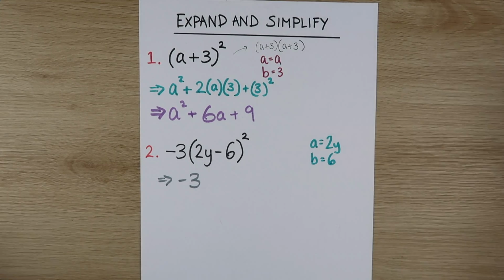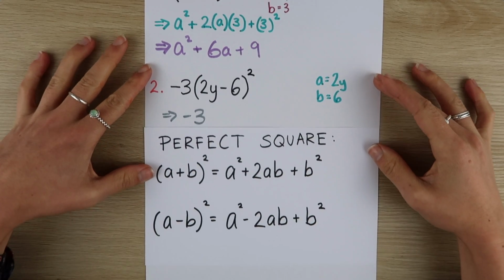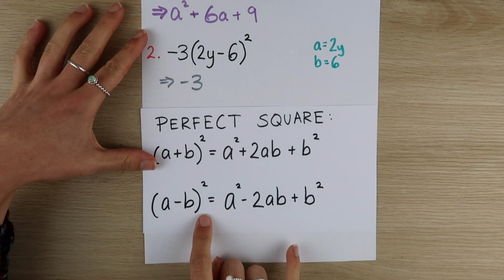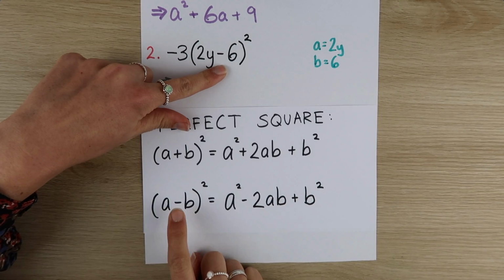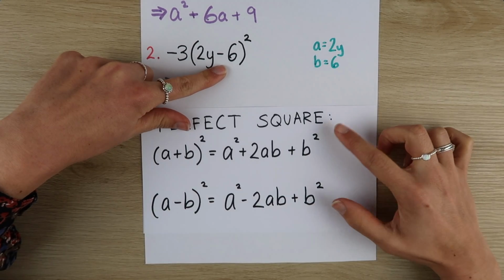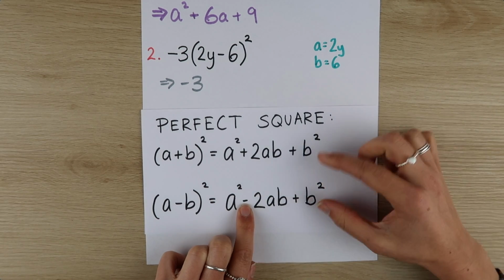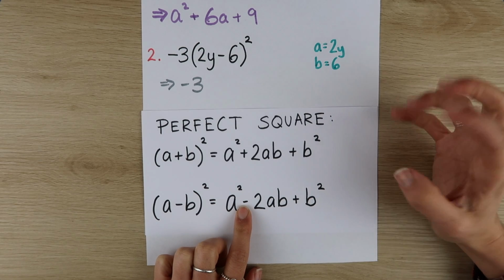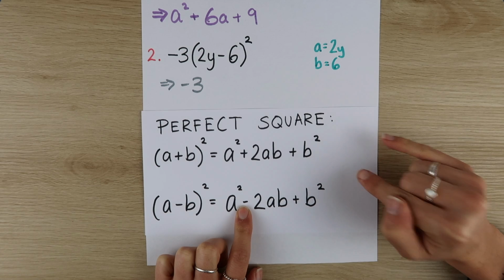Now looking back at my perfect square rule, this time I'm looking at the formula that has the negative inside the bracket, because as you can see there's a negative here. The only difference between these two when expanded is this negative and this positive. B will end up being a positive because if you recall from when we use FOIL, the last two are multiplied by each other.